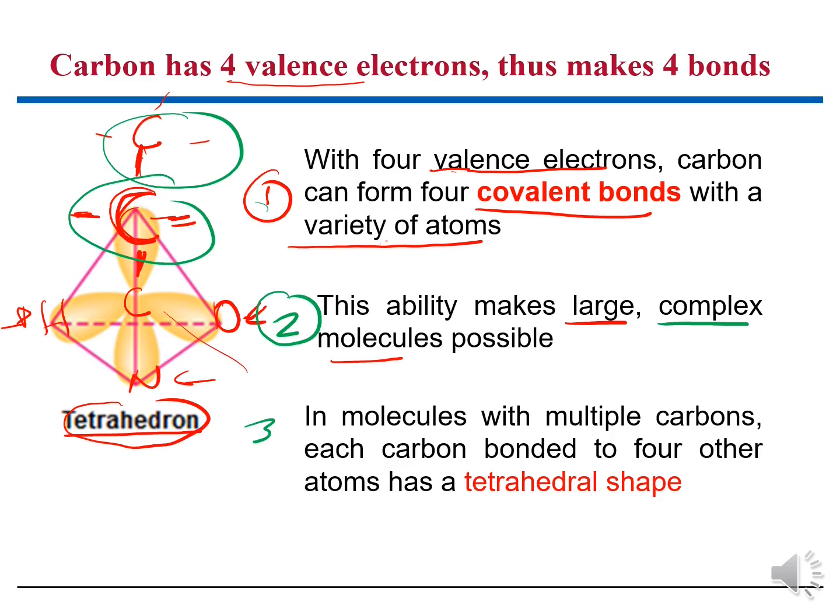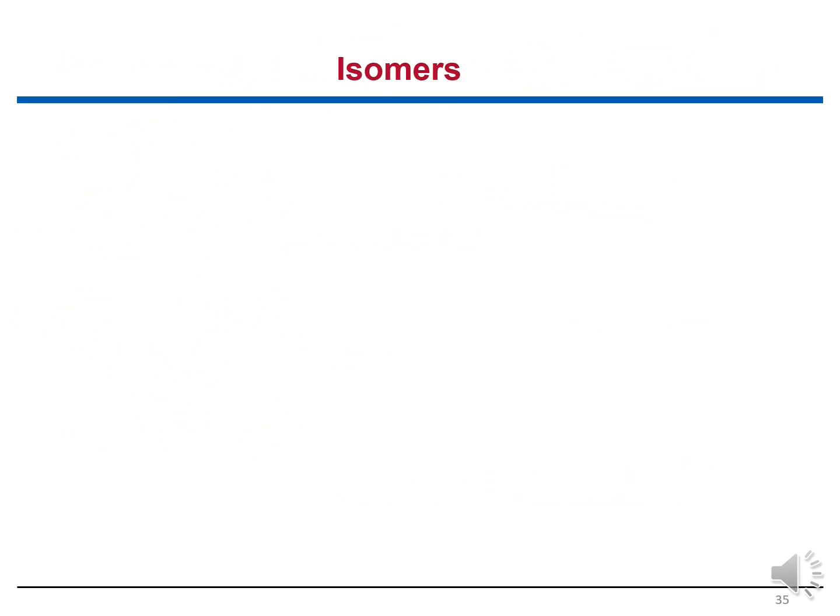The third thing that is important to remember is that in molecules with multiple carbons, each carbon is bonded to four other atoms in a tetrahedral shape. As I show here, you can make it more complex and create more carbons that will again have a tetrahedral shape. So now let's see an example of this diversity.